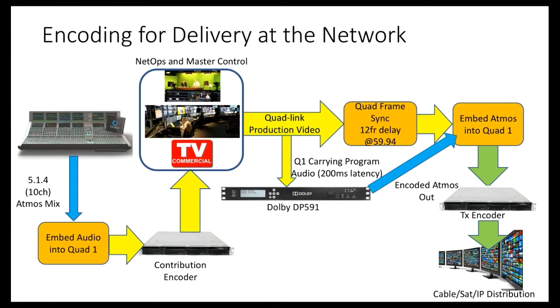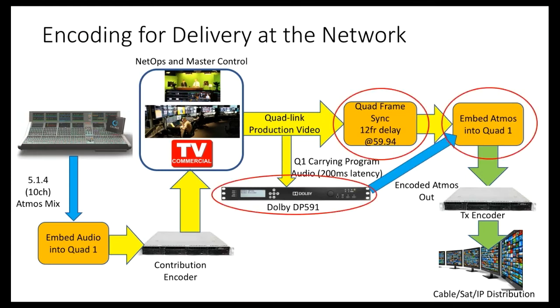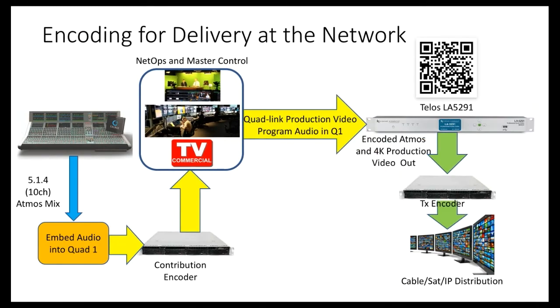This looks like a bit of a complicated workflow, but in essence, it's the same thing that I just described happening in the truck. It's just that there are a few more arrows since we're having a stop-off at the network for master control switching, for ad insertion, and for studio shows. But as I mentioned earlier as well, a lot of this area can be greatly simplified by the use of the Linear Acoustic 5291 box, where the signal path is much more streamlined.